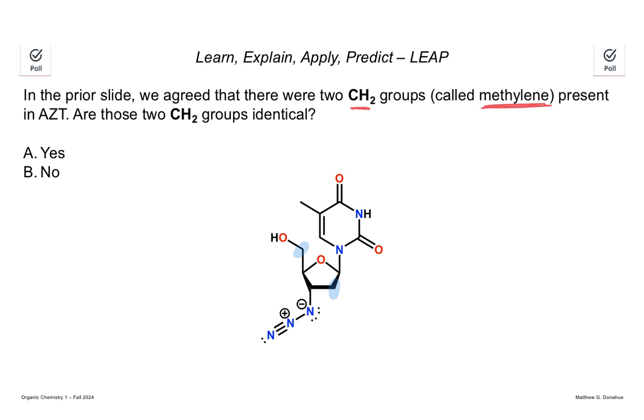There are a lot of vocabulary words that you're probably not used to hearing before, but these are the ways that we're going to communicate about the structure. There are 2 CH2 groups, and they're called methylene. The reason we use these terms is that when I say look at the methylene groups in the molecule, you know where to put your eyeball.